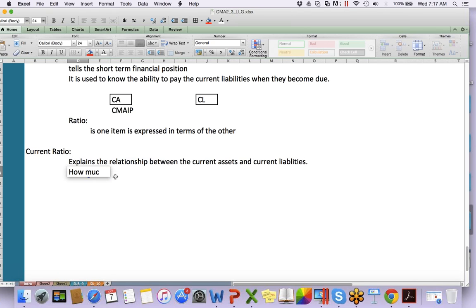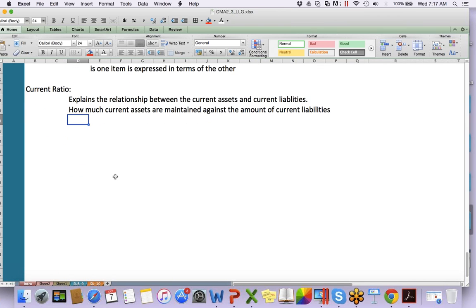It means how much current assets are maintained against the amount of current liabilities. So current assets and current liabilities are the tools used here. We see how much of current assets are maintained in terms of current liabilities.